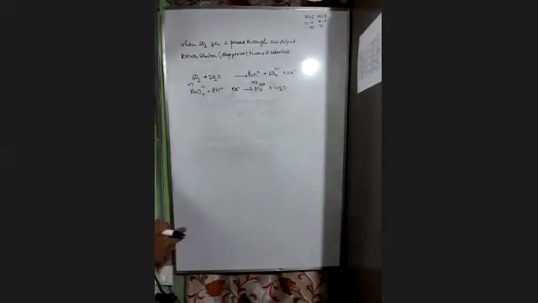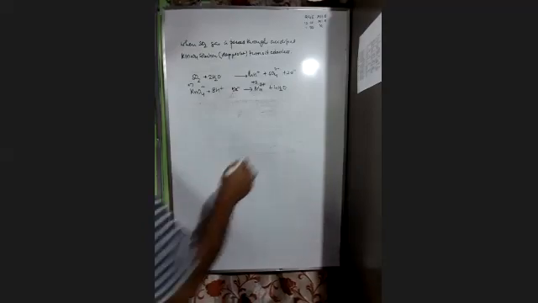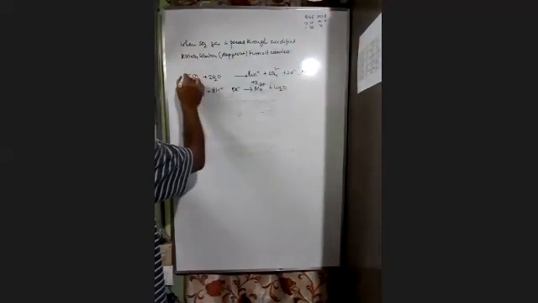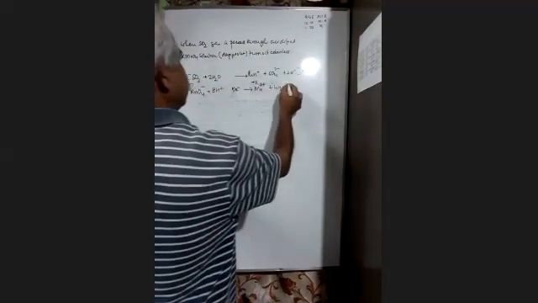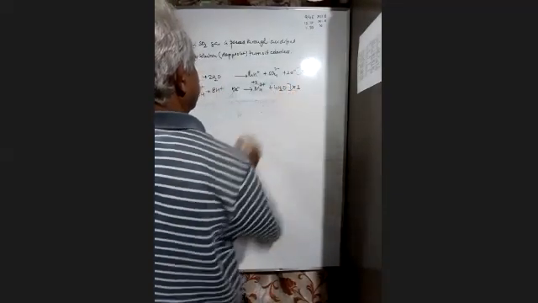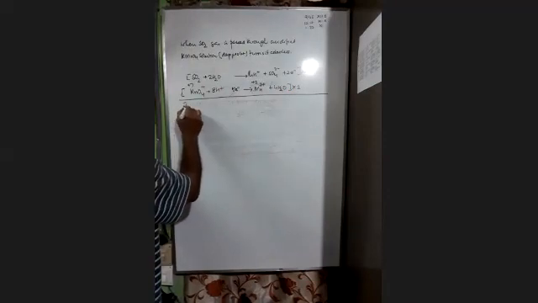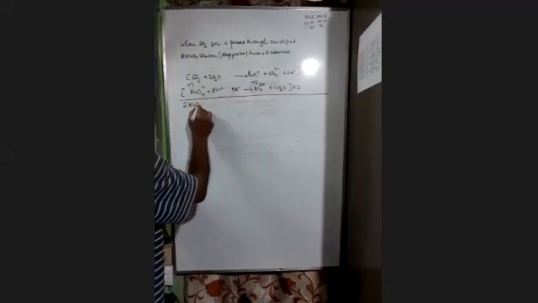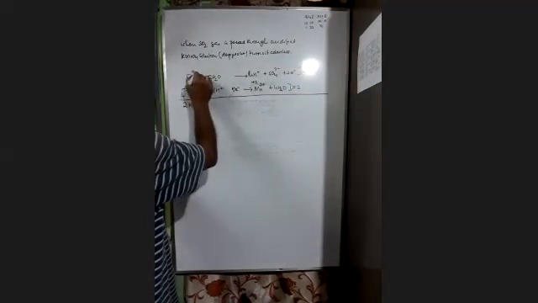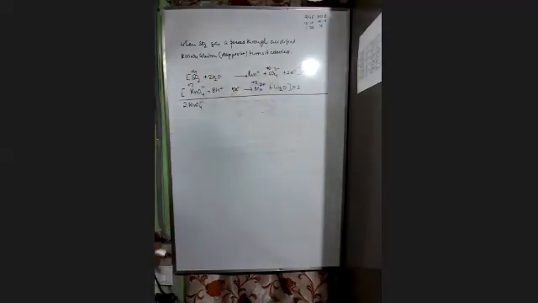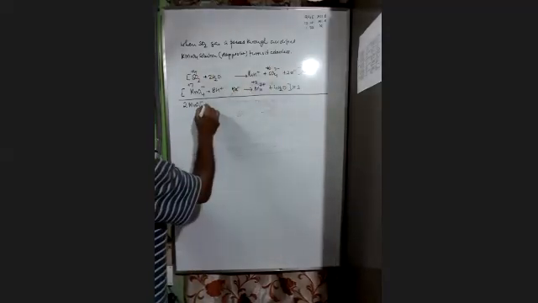So you cannot multiply and make them equal. So what should you do? You should go for cross multiplication. 5 and this will multiply by 2. Okay. So I'll write now here 2 KMnO4. This is +4. So here finally we will not write the oxidation.